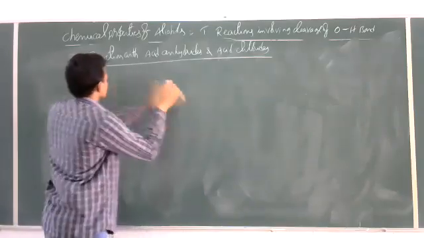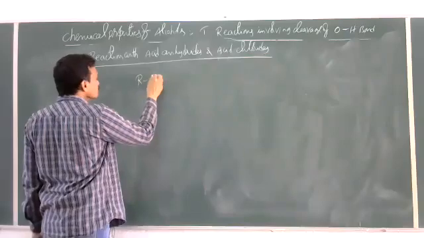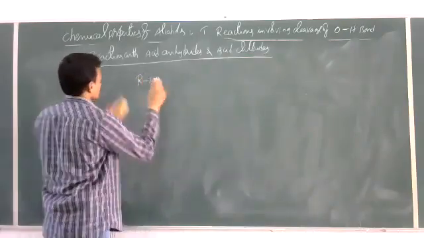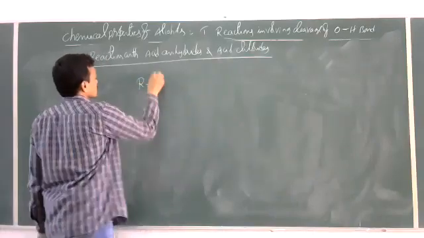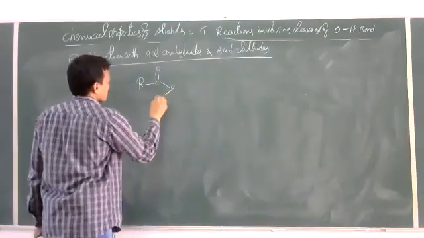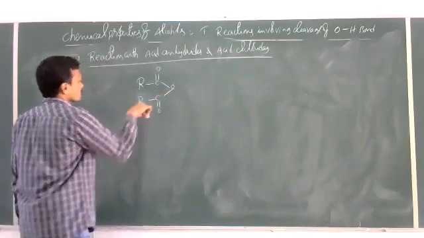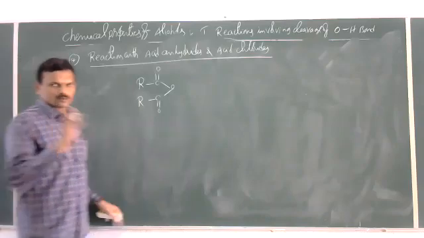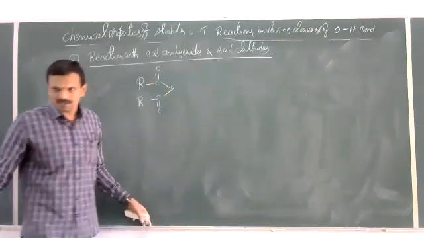ROH. Sorry, RCO. Let me complete the structure here. This is an acid anhydride. From two acid molecules, if we eliminate one water molecule, we can get an acid anhydride.